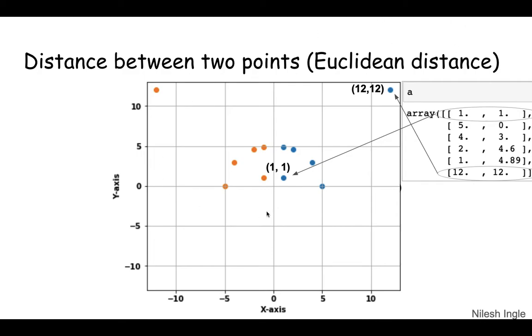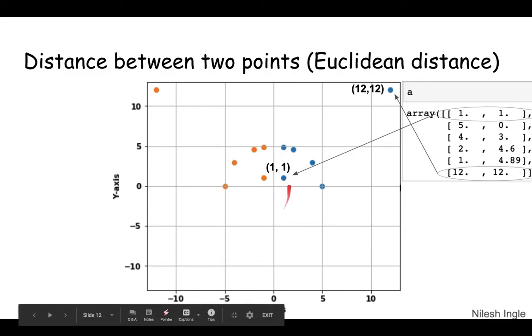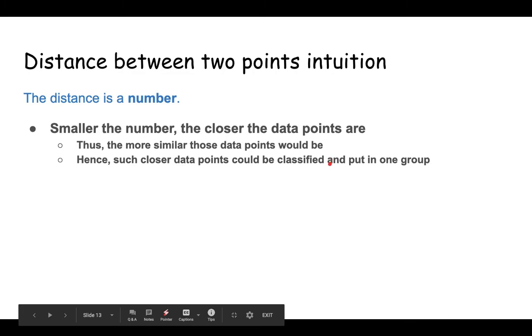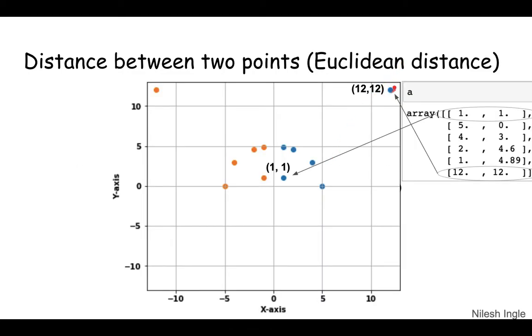As we can see on this plot, these are the same data points that we had in the previous plot, except that now we are going to focus only on the blue points, and among blue points only those 2 points that are shown here, which is 1 1 and 12, and these points are from our array A. So that's the first row and that's the last row from that array.